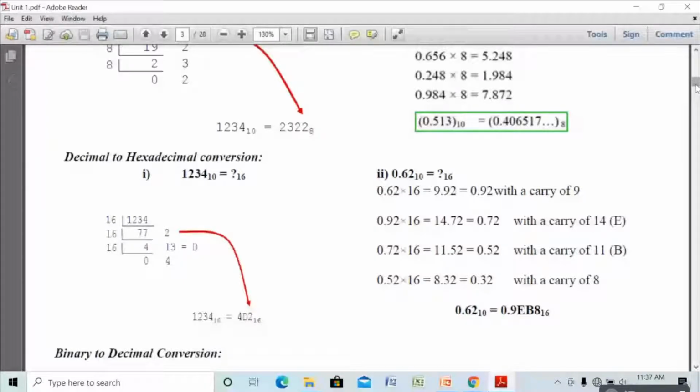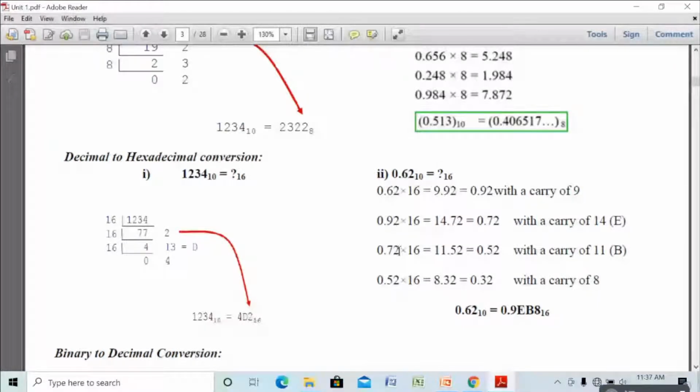Then we are getting the answer as 2D4, written from bottom to top. So the answer is 4D2. Here the remainder is 13, but in hexadecimal, the number 13 is represented by the symbol D. So we keep D instead of 13.